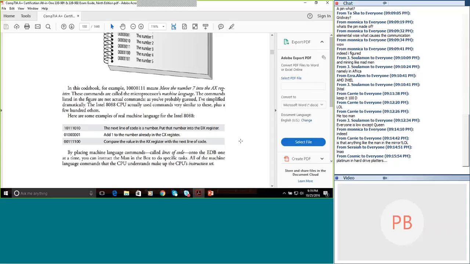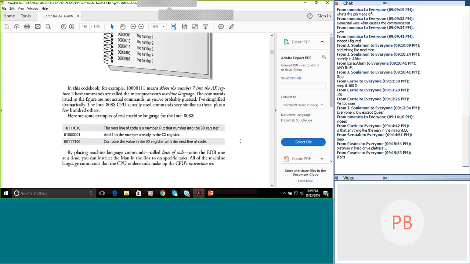Because the RAM holds on to little bits over and over again until you refresh the memory, and the only way you can refresh it is to remove the power from it. And then we're going to talk about synchronous and asynchronous memory and volatile and non-volatile memory.